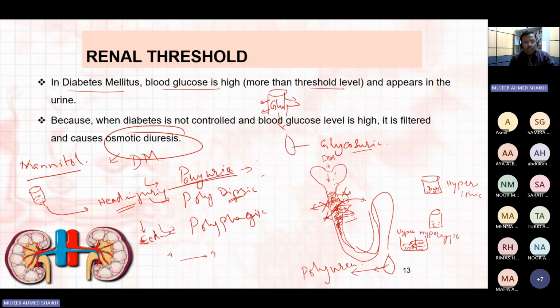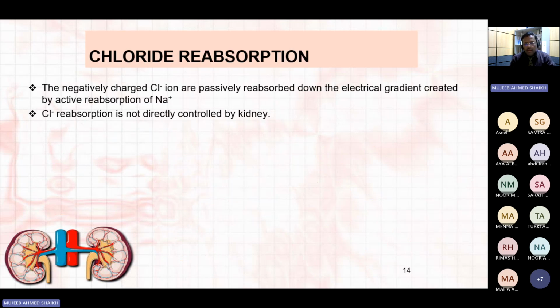Now, up till now, we've covered the absorption of glucose. Who will summarize how glucose is absorbed? What is Tmax? What is renal threshold? And which type of absorption is occurring? Just two or three sentences only.